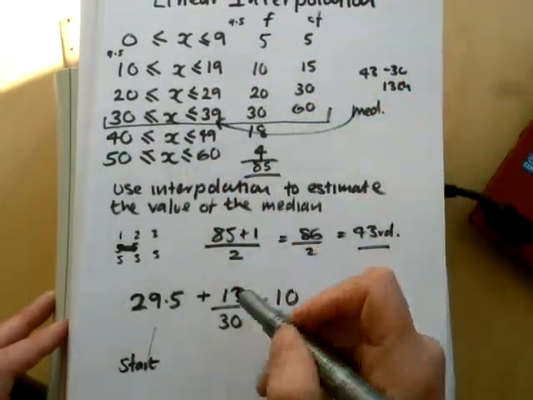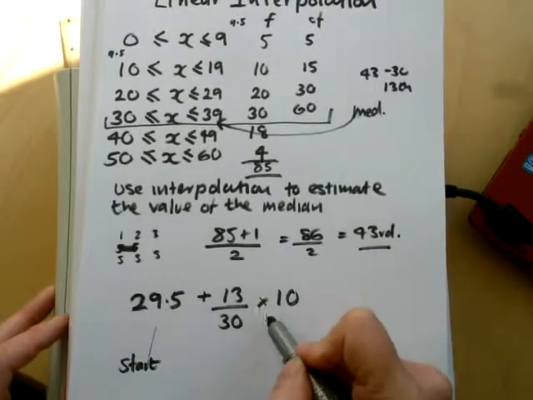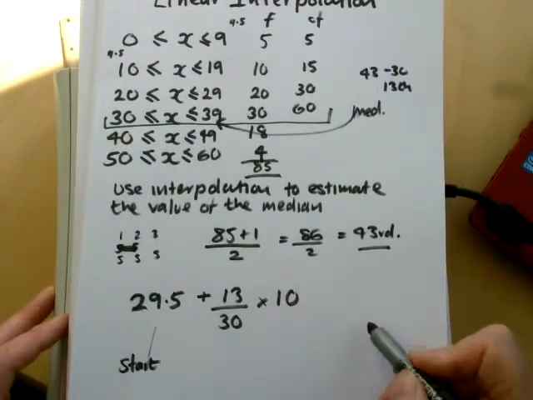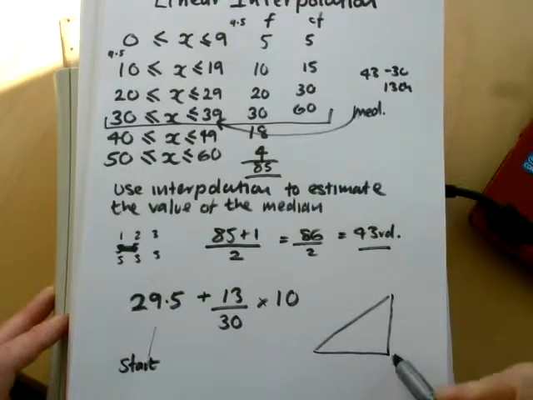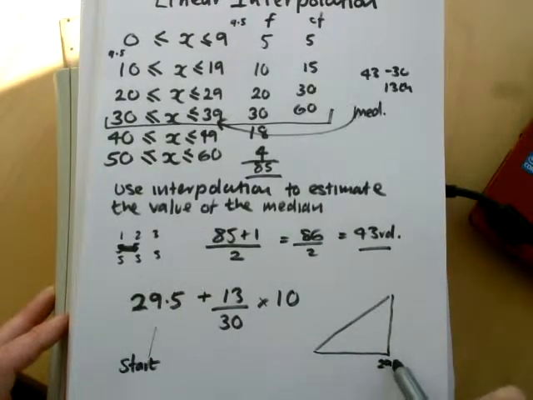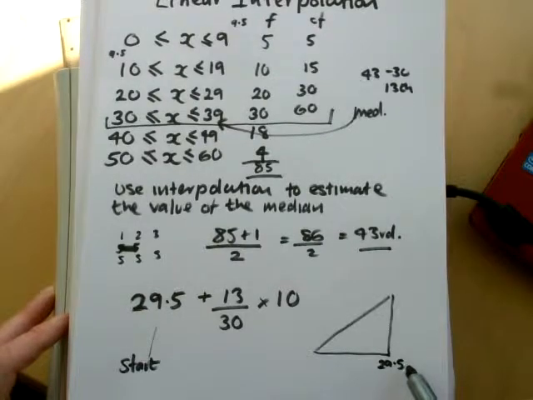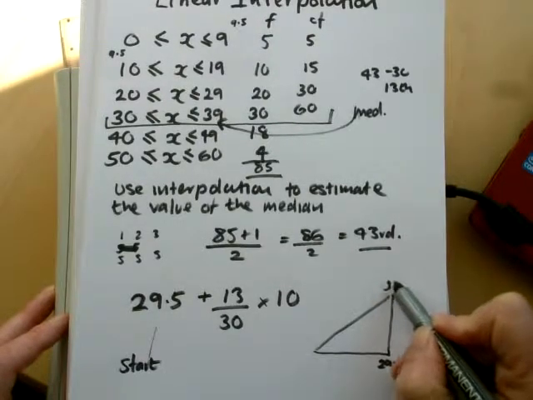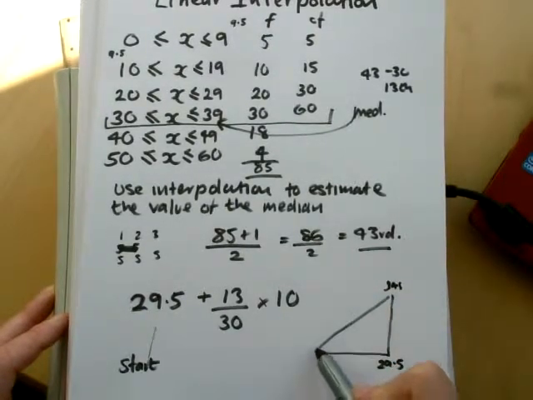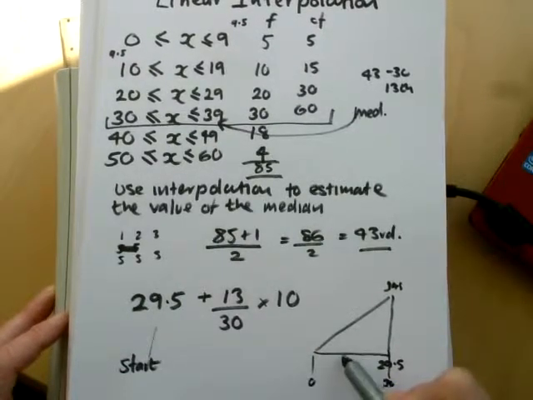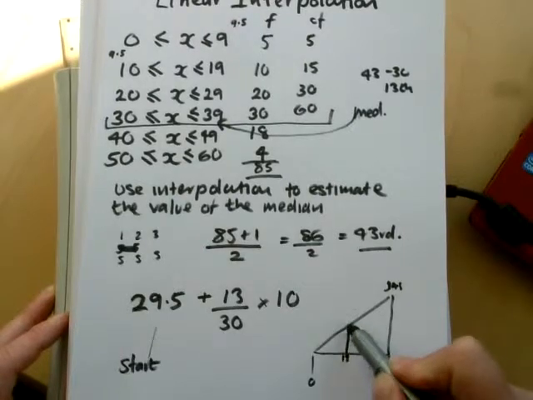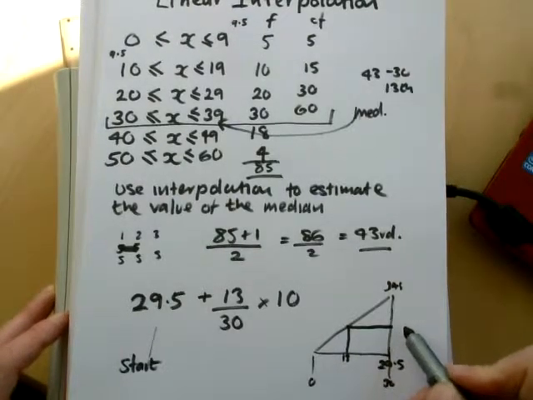So we have the 13th score out of 30, and we simply multiply that fraction by the interval width. In a sense, we're saying the interval goes from 29.5 to 39.5, there are 30 scores altogether in the interval, we're the 13th, so we go up like that, and then we get our estimate there.